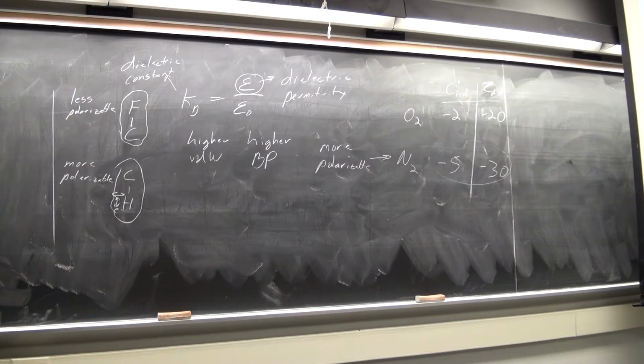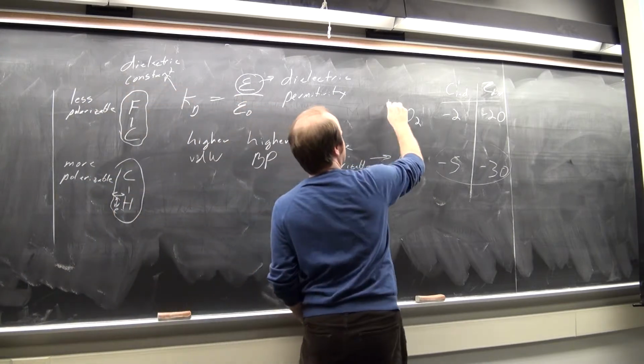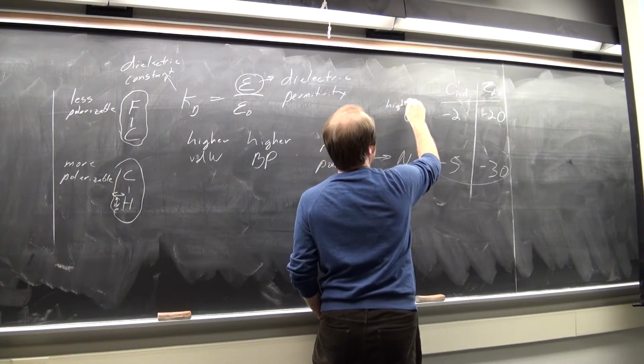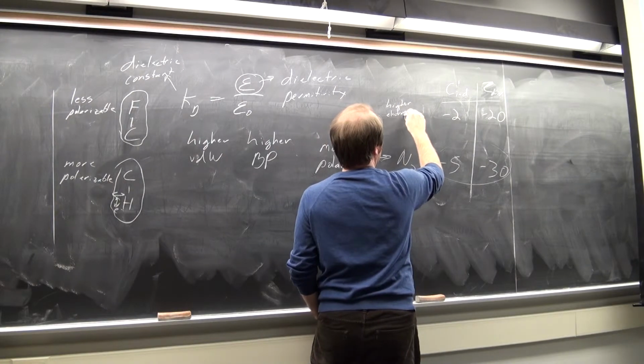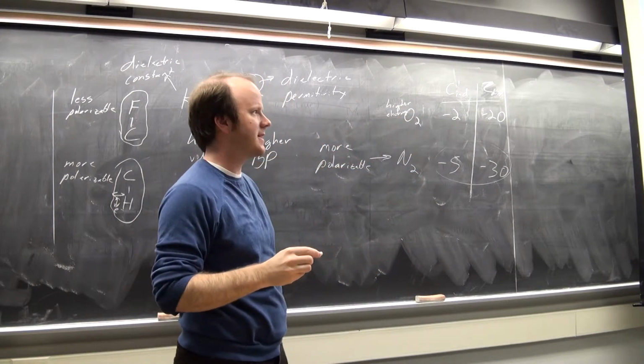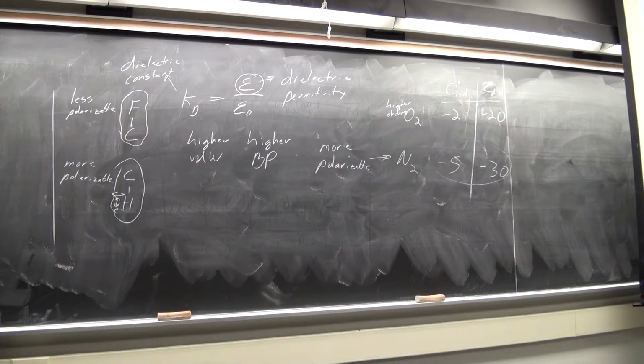Wait, those forces are more because oxygen has higher electronegativity? So yeah, so this is higher electronegativity, right? And let's get a periodic table up here so I don't confuse myself.